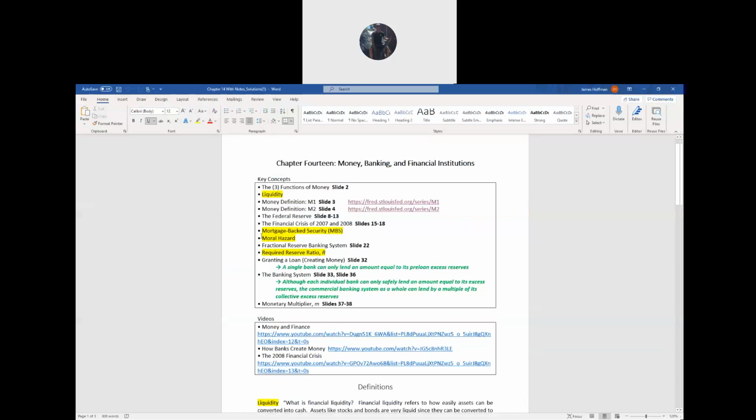So we learned about M1, which is currency plus checkable deposits, and M2, which is M1 plus near monies. There's a shocking amount of new money in the economy that's been created in the last year, and the amount of money in checking and savings accounts has essentially skyrocketed.